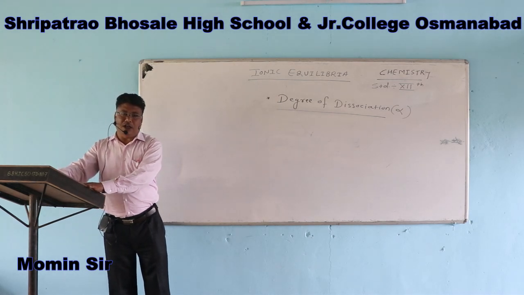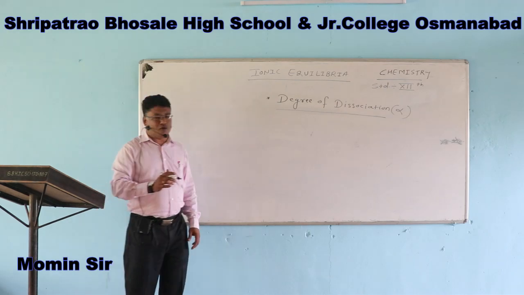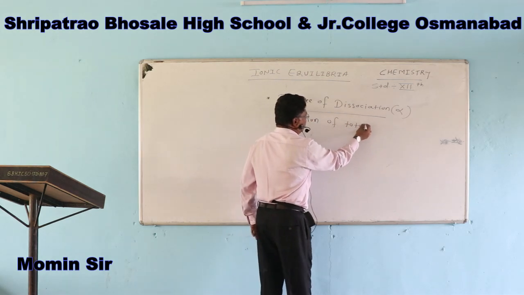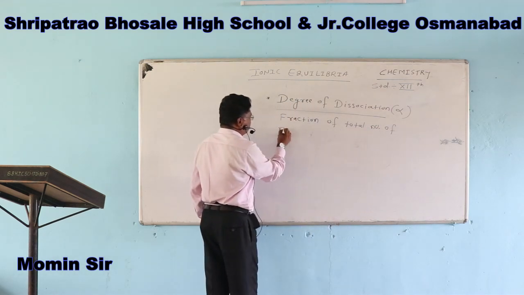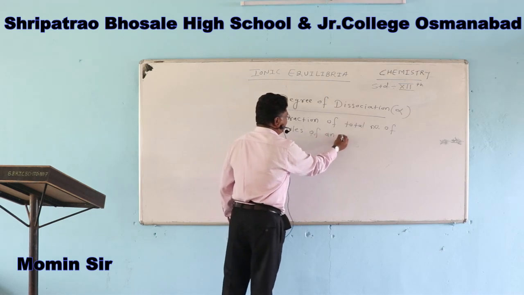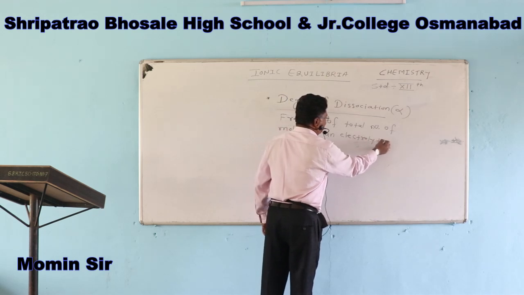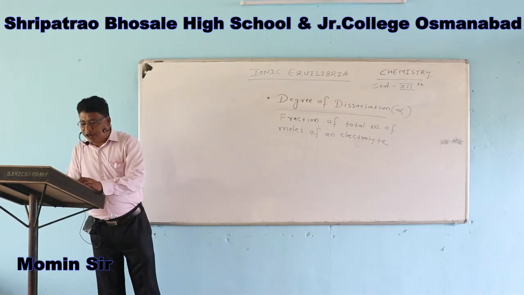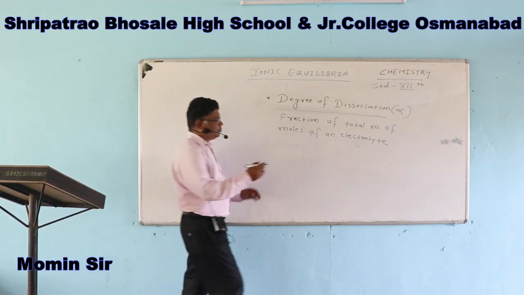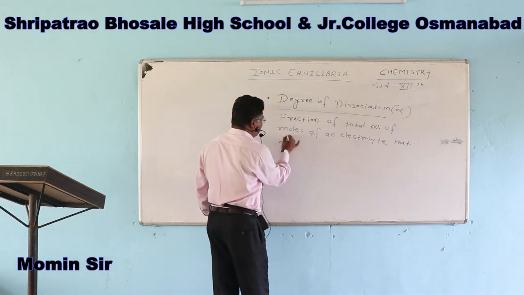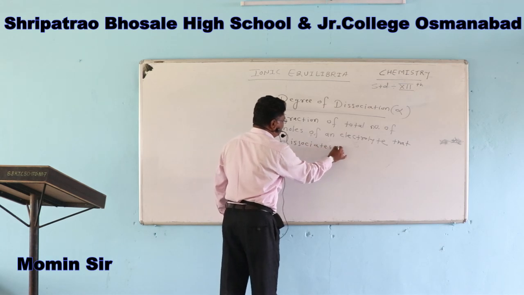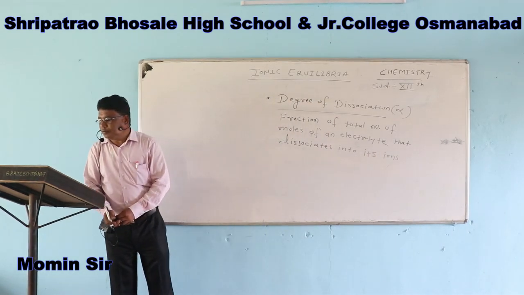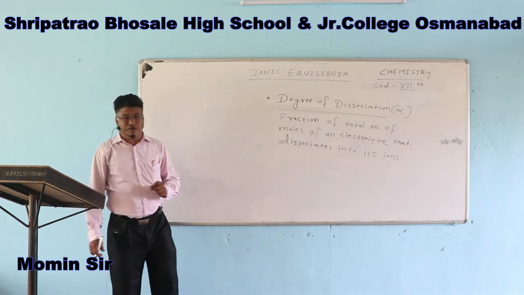Degree of dissociation of an electrolyte is defined as the fraction of total number of moles of an electrolyte that dissociates into its ions when the equilibrium is attained.